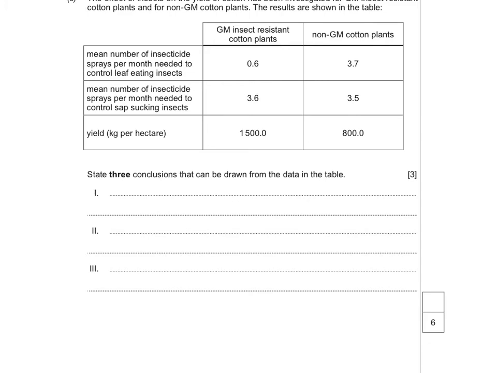So the biggest one that we can see is that crop yield increased in GM crops.